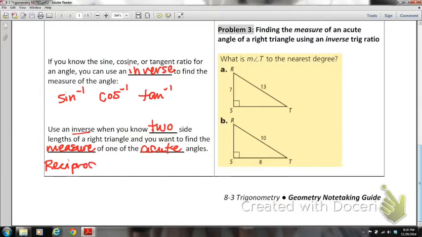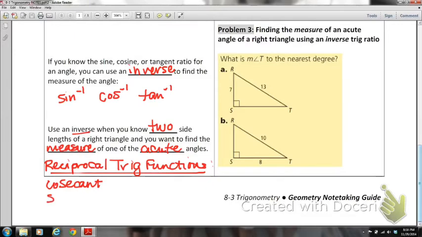The reciprocal trig functions just means that the reciprocal of sine is going to be cosecant. The reciprocal of cosine is secant. And then the reciprocal of tangent is cotangent.